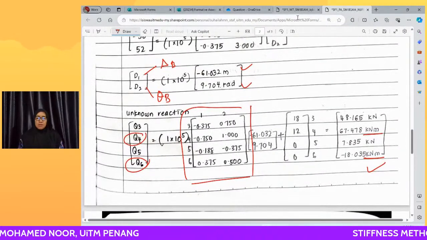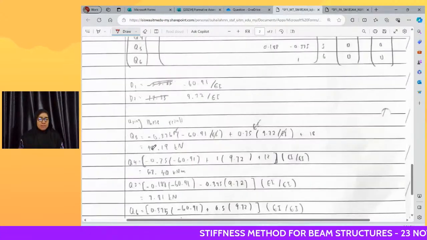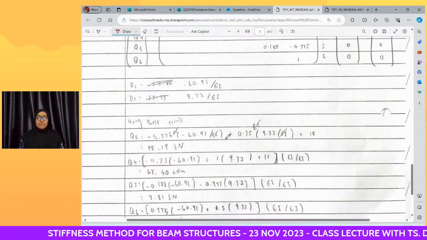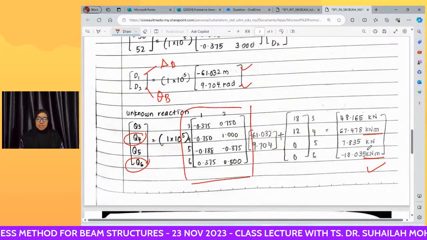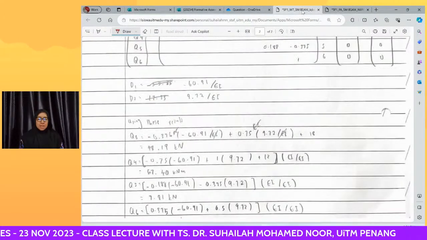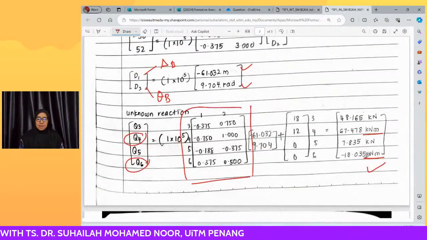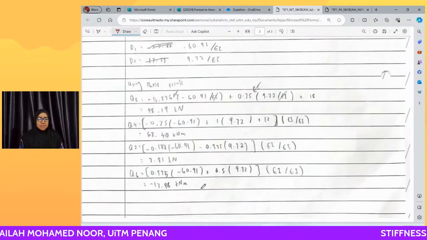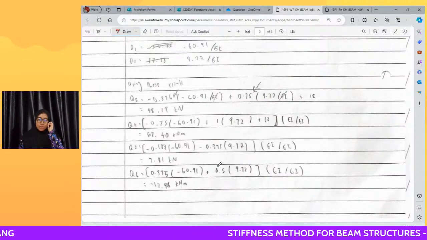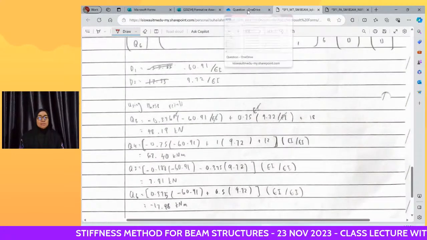You get the same: 48.19, 67.4, 7.8, and negative 17.998. Same answer.